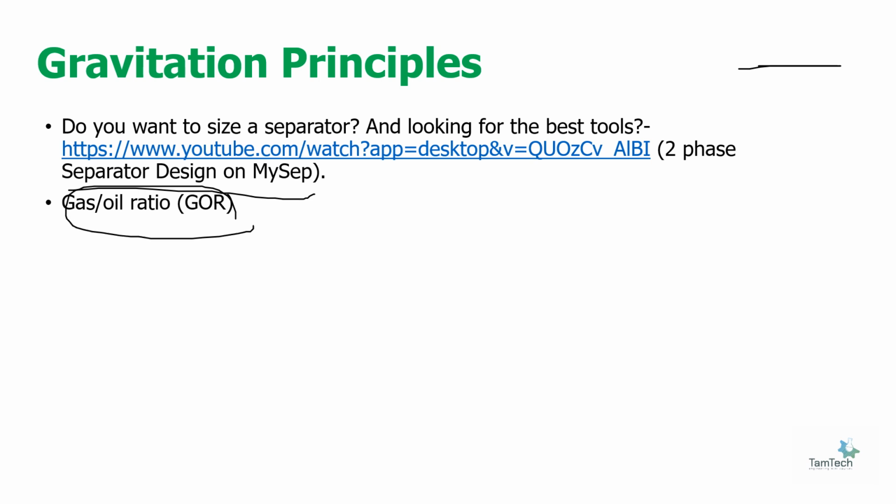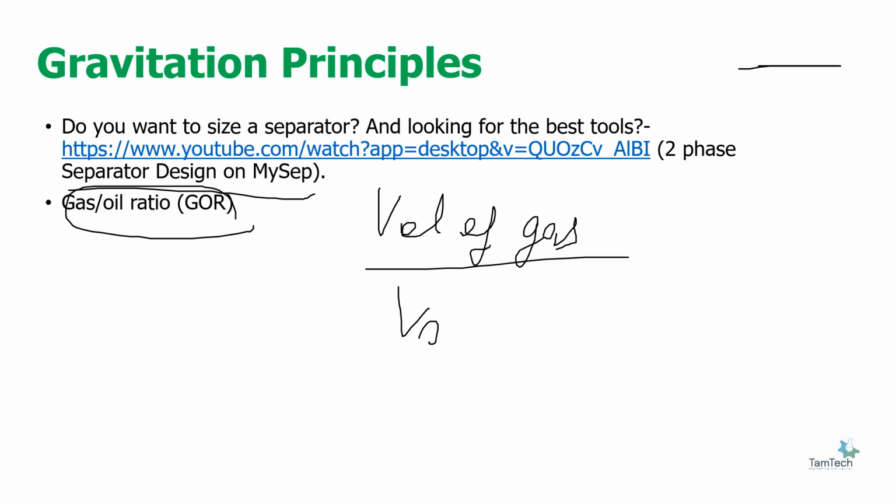The gas-oil ratio, or gas-to-liquid ratio, as you can also hear, is the ratio of the volume of gas which comes out of solution to the volume of oil, or liquid, or condensate, at either atmospheric pressure or at any specific process condition. Before you start your design, you need to define your gas-oil ratio, which will help you understand: do you want to size a horizontal one? Do you want to size a vertical separator?